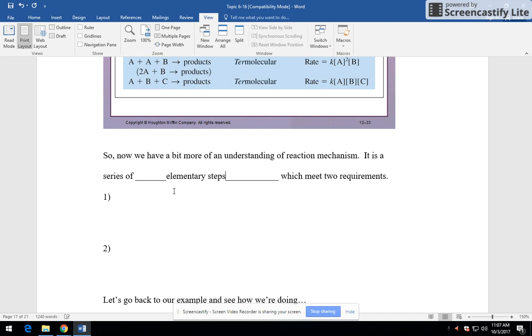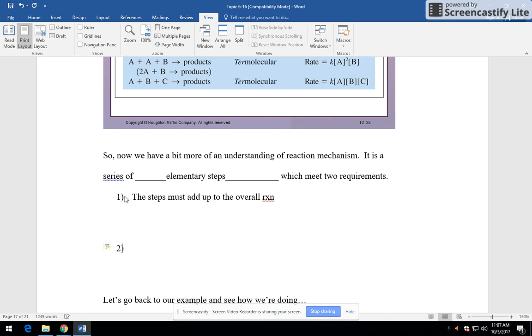which meet 2 requirements. And you're going to check the first one right away. The first requirement is that the steps must add up to the overall reaction. I mean, it's kind of obvious, but it has to be said. If the steps don't add up to the overall reaction, it can't be a mechanism for that reaction. So you're going to go back to the example in a second.